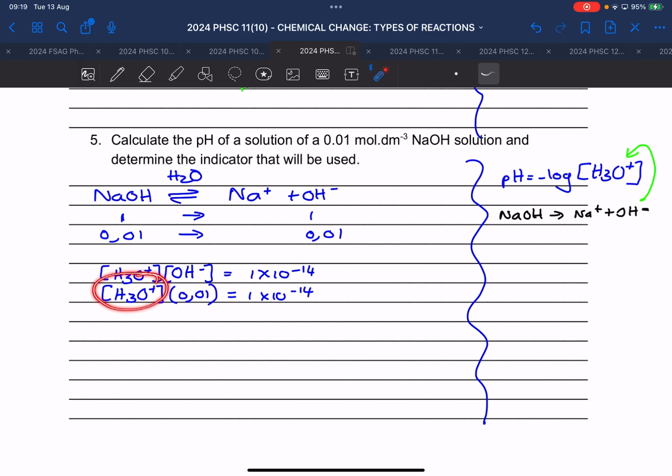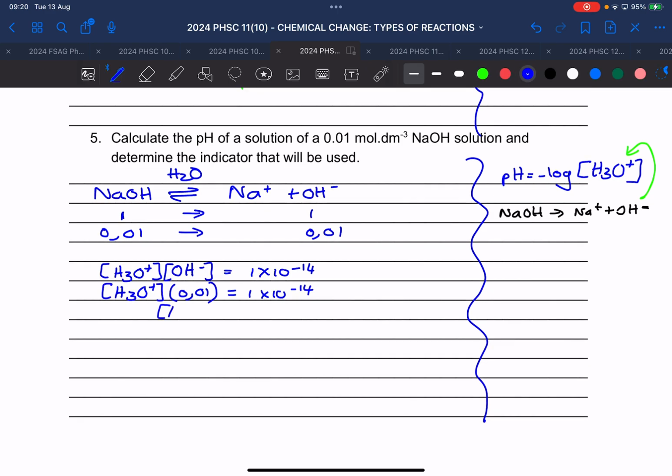What are we going to do with this? No, you're not going to times. You're going to divide. That divide there. What do you get if you do that, Tsepo?